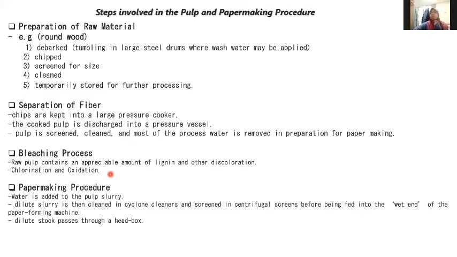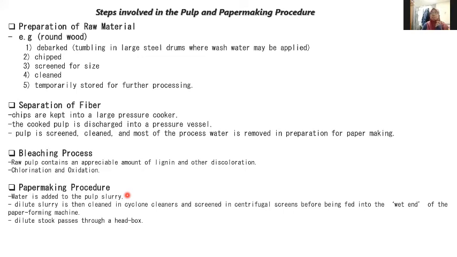Fourth, the paper making procedure. Bleached or unbleached pulp may be further refined to cut the fibers and roughen the surface of the fibers to enhance formation and bonding of the fibers as they enter the paper machine.